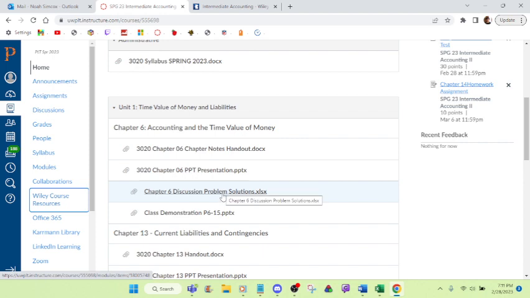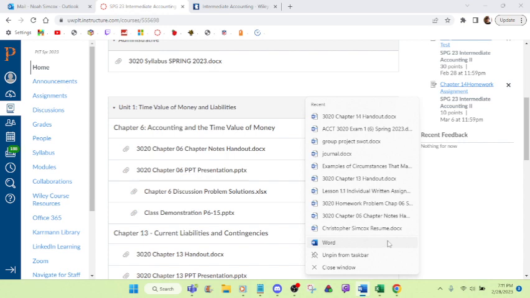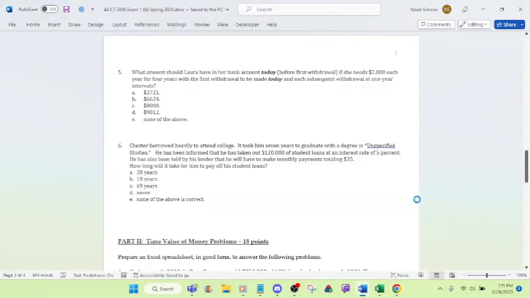Problem solutions. Which problem? Are all these problems from the chapter 6 handout? If they are, then I don't even need to look in the book for it. I need to just look in the Word document and find the one where they pay off student loans.